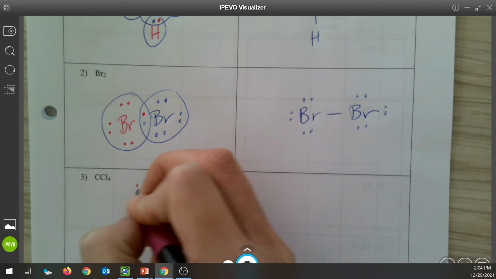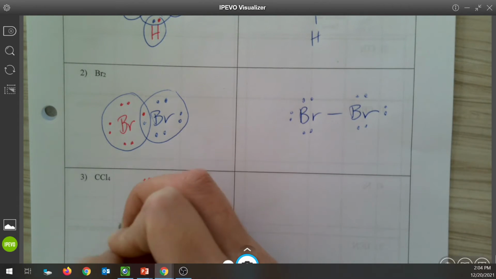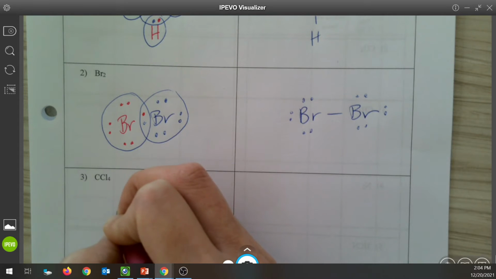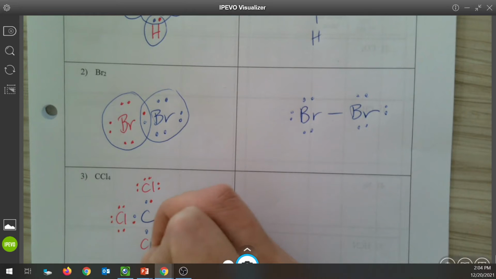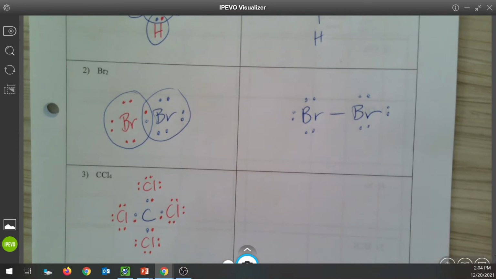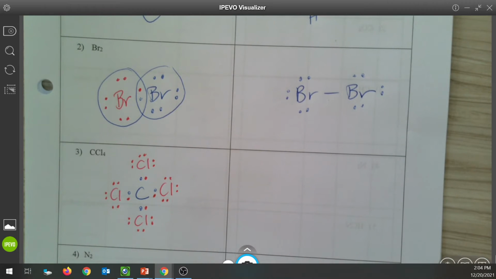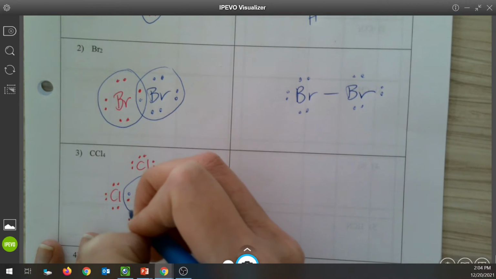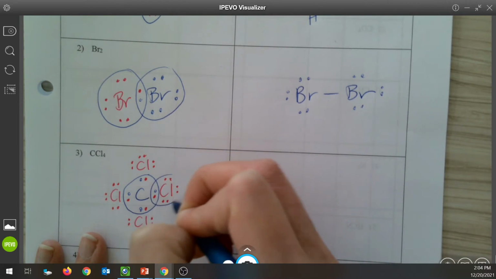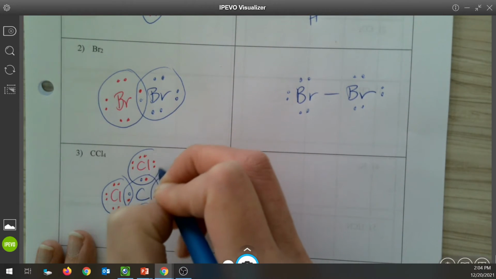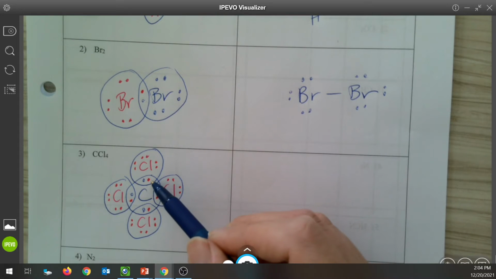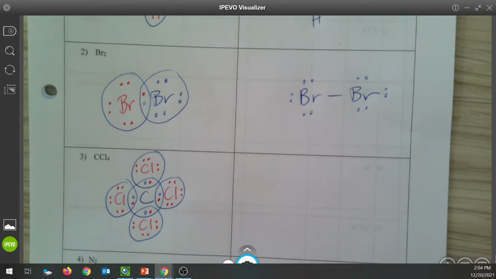Cl, 1 to share, a bunch for itself, Cl, 1 to share, and Cl, 1 to share, like that. Okay, and then put circles around all the octets. Full octet, full octet. So these electrons that are being shared count for carbon's octet, and they also count for chlorine's octet.